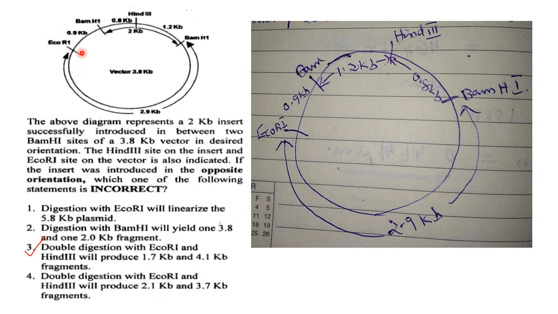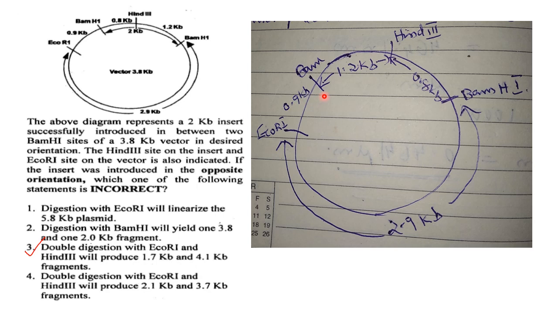This is the EcoRI site, this is the HindIII site. So 0.9 plus 0.8, you will get nearly a 1.7 kb band, and the rest will be a 4.1 kb fragment, if it is in the right orientation.